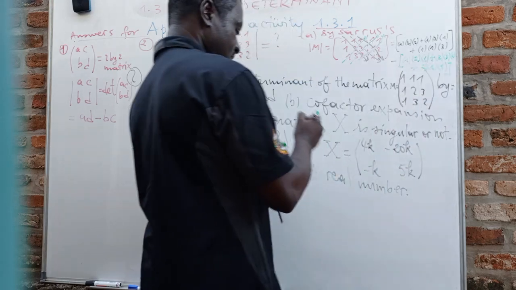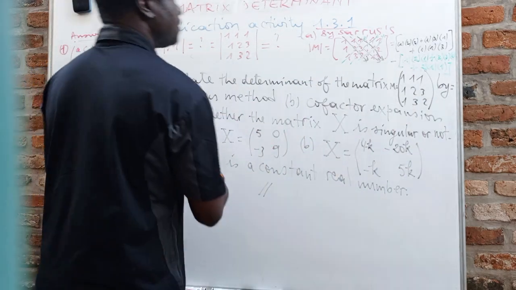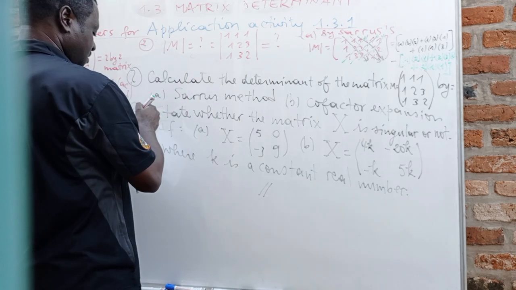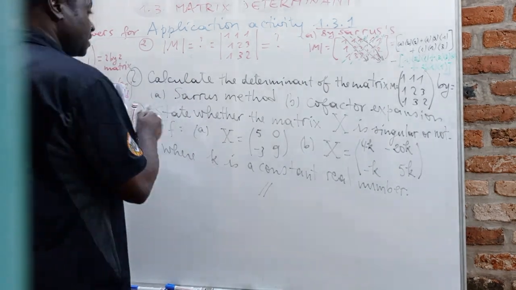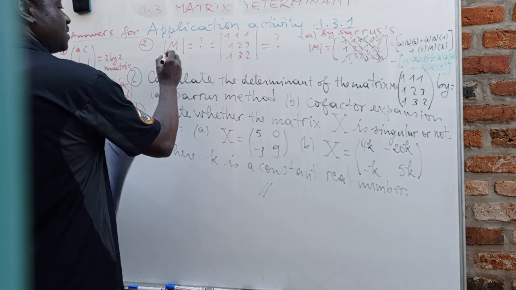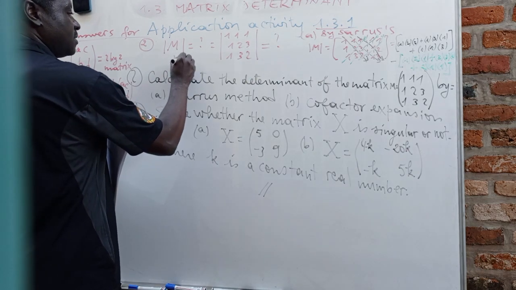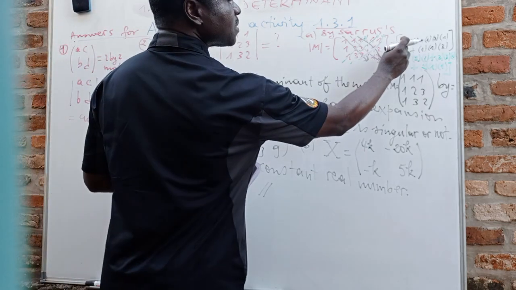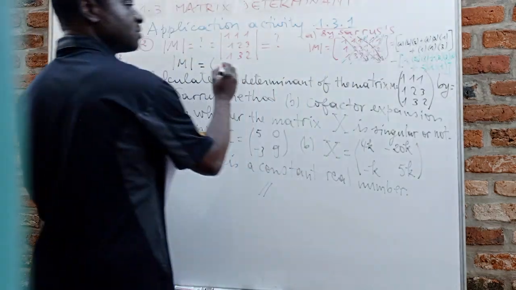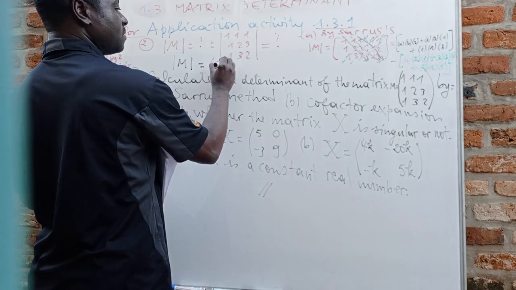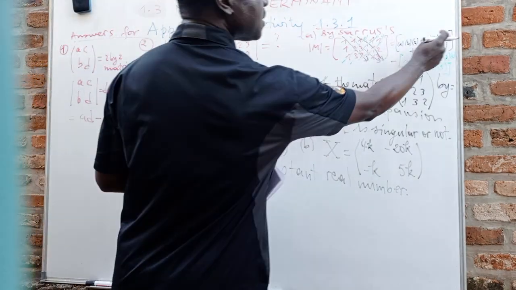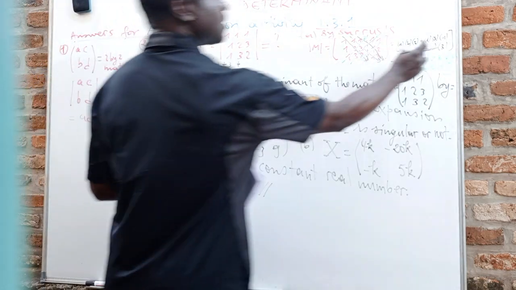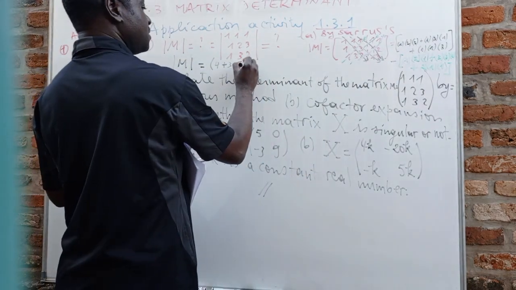Okay, so in this case, we will find it by Sarrus method. Let me just change this color. The determinant of matrix M is going to be equal to 1 times 2 times 2, which is 4, plus now 1 times 3 times 1 is 3, plus now 1 times 1 times 3 is 3.